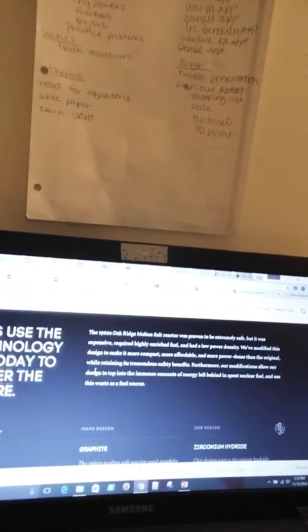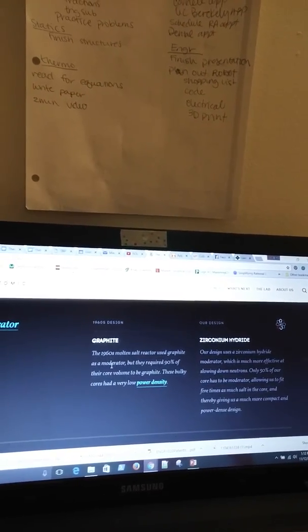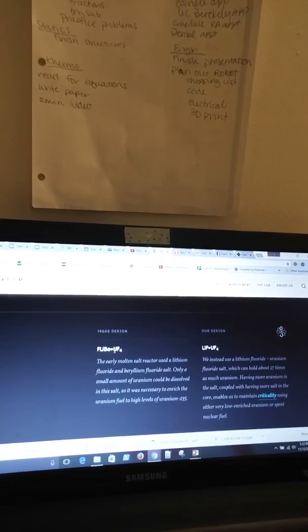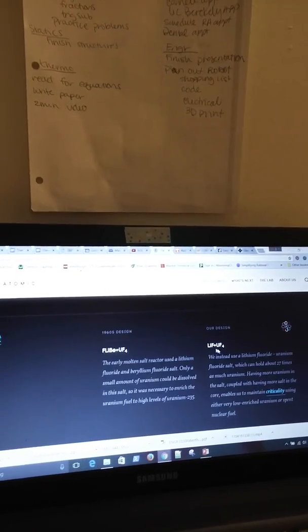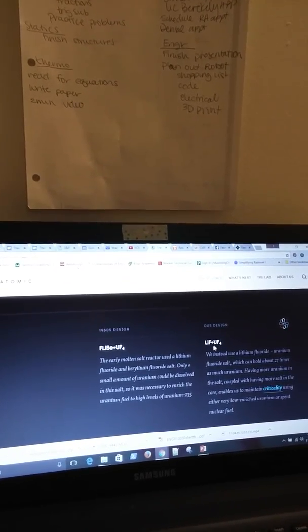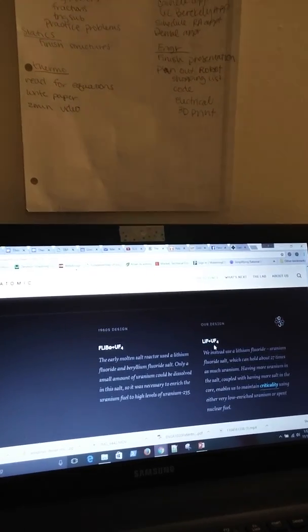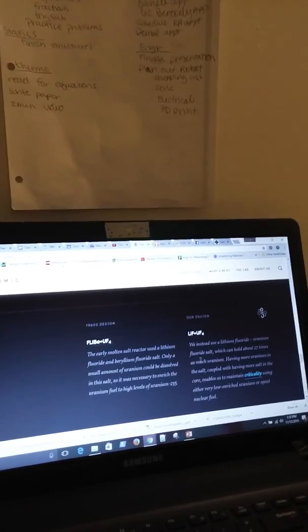Some other interesting things that they've posted, like I'll show you on their website. There's things like this. So here's a description of the 2 different moderators. I think that's interesting. The 2 different salts that I was going to look up, the beryllium-based salt and then the lithium-based, well, I guess lithium fluoride, uranium fluoride salt.